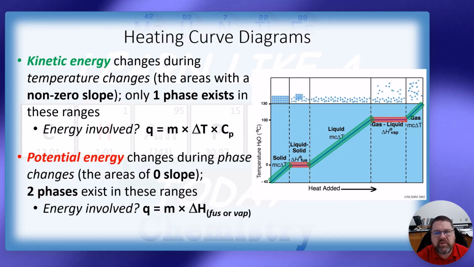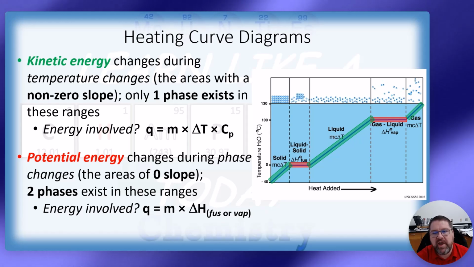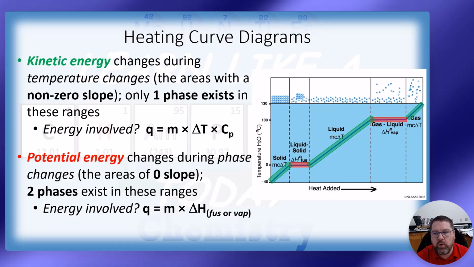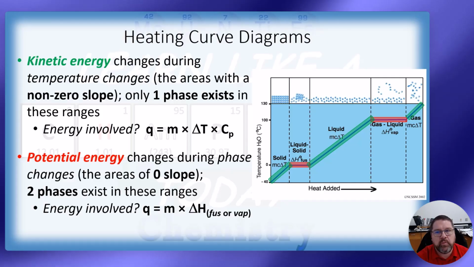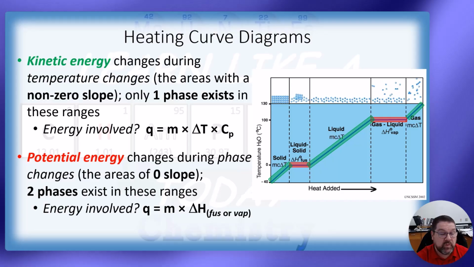And so again, there's no delta T term because there's no temperature change. And the specific heat, again, we're going to be changing between different materials, different phases, so we're not going to have a specific heat value.